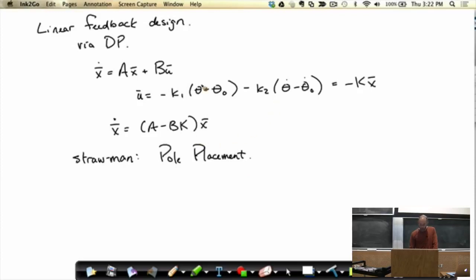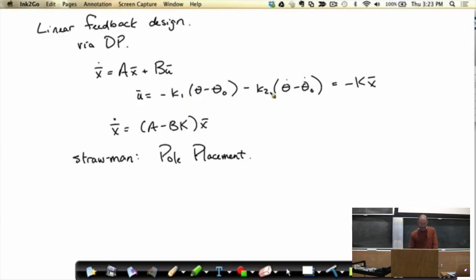Now, the challenge that I want to point out here is that if I choose K wrong, every time I move K1, the stability is going to change, and it's hard to tune both K1 and K2 by hand at the same time. For the simple case of PD control, people have relatively good techniques, but it's hard in general.